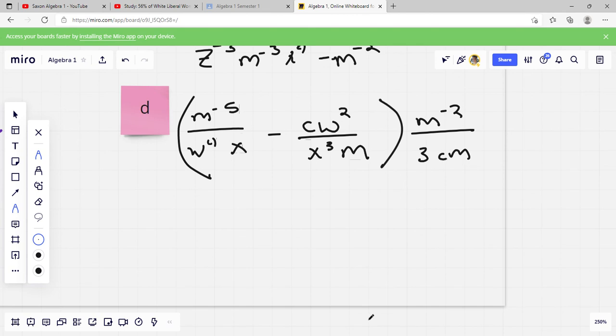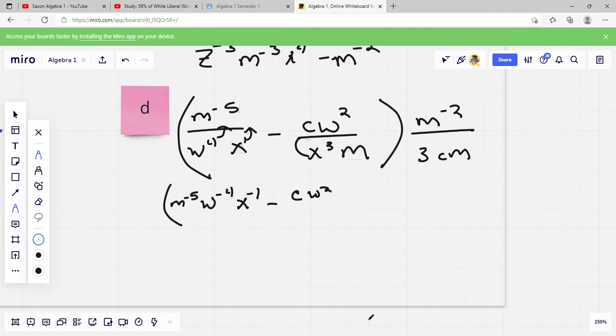So first I'm going to move all of my variables to the top because it says I'm supposed to write that with the variables in the numerator. So that one's going up and that one's going up. So first I've got an m, -5. Then I'm going to have a w, -4 because I changed the sign, and an x, -1. I moved that up. So it started out as 1, turns into -1. Then I've got c is fine, w squared is fine.